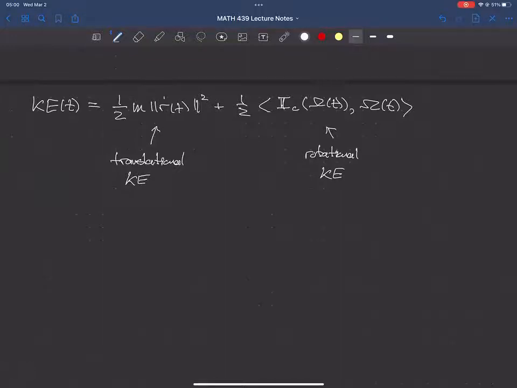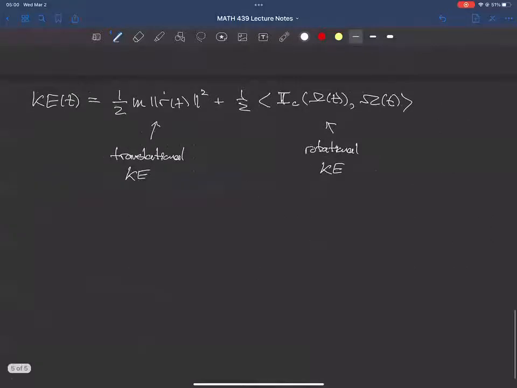Now what we want to do is talk about not just kinetic energy of a single body, but kinetic energy of an interconnected mechanical system.